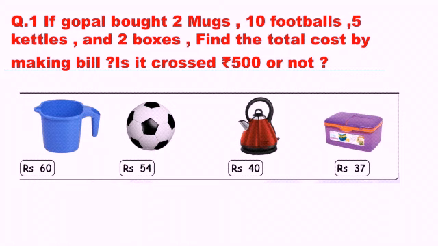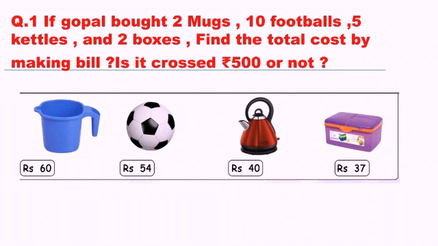See here it is given that Gopal bought 2 mugs, 10 footballs, 5 kettles and 2 boxes, 4 items Gopal bought. Find the total cost by making a bill. Is it greater than rupees 500 or not? Check it.